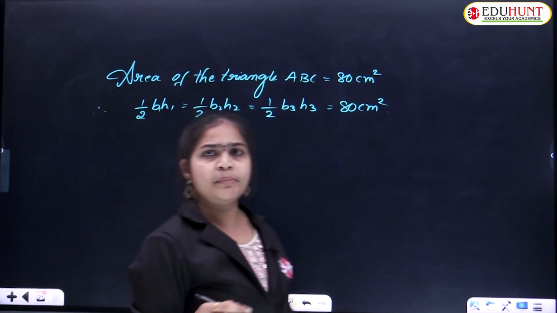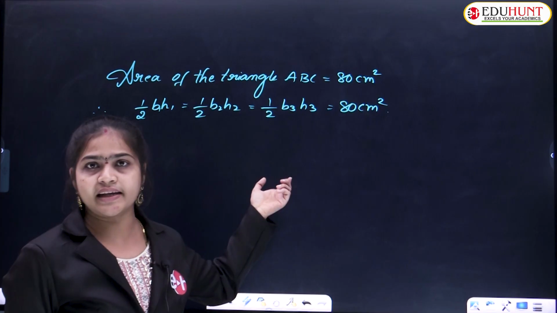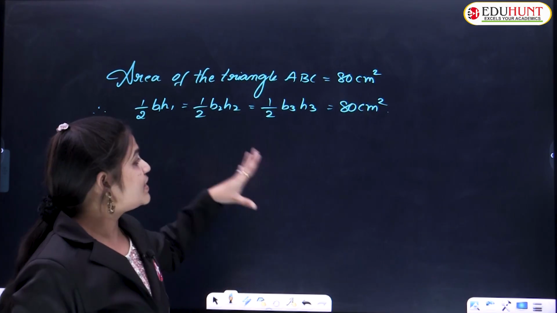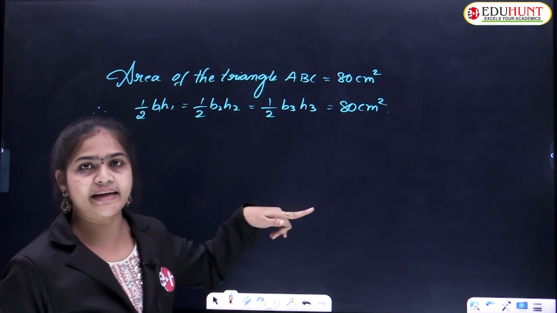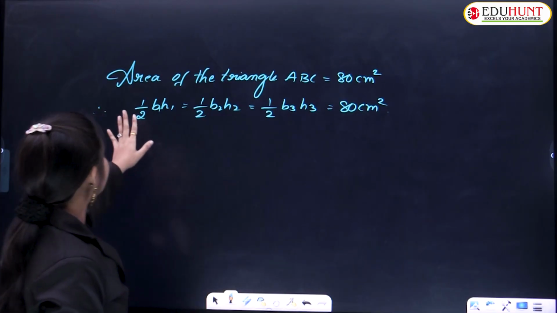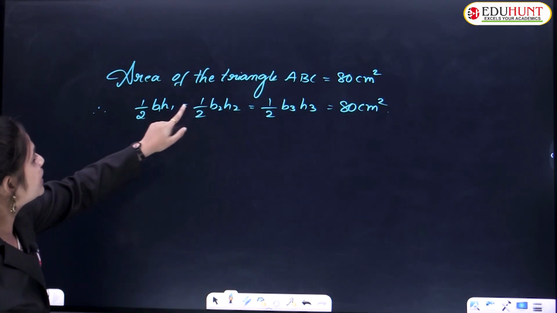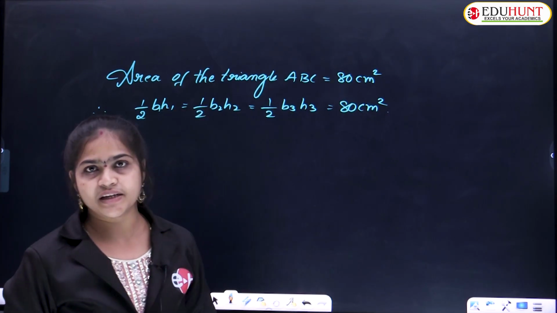Clear? Any height you can take, and we can take its corresponding base. Or whichever side we take as the base, it has a corresponding height. So half B1 H1, half B2 H2, half B3 H3 is equal to 80 centimeters square.